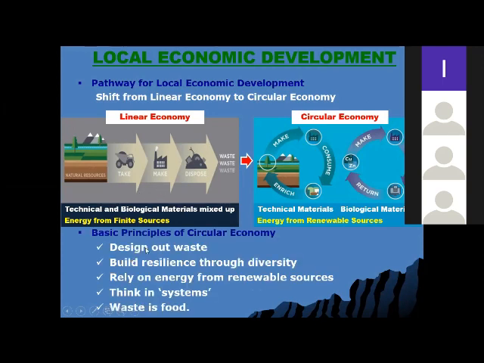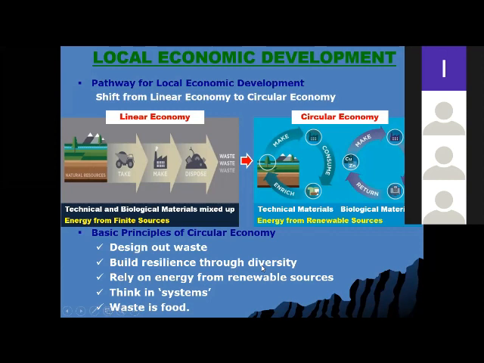Okay, the basic principles for circular economy: design out waste, build resilience through diversity, rely on energy from renewable sources, think in systems, not just one thing, the whole system. Waste is food. In other words, we should not waste.